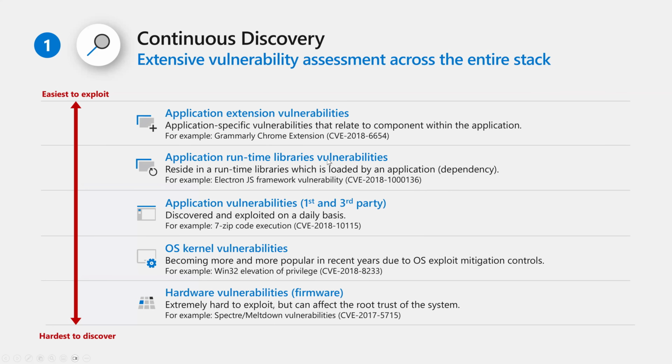Then application runtime libraries like JS frameworks, JavaScript, 7-zip code, and then come the application vulnerabilities themselves. This is easy, and this is easier, and there's much more difficult. And then OS vulnerabilities like Win32 elevation of privilege. These are all attacks that could have been prevented if you have strong TVM, the vulnerability management software.